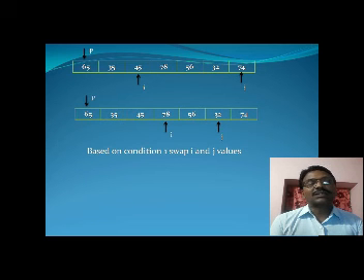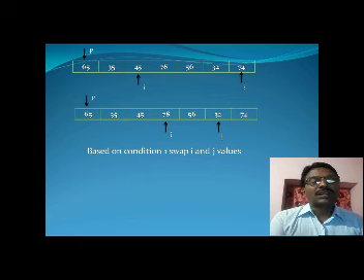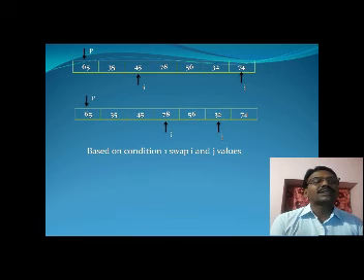Based on that, swap the I and j values. It means the I position stores 32 and the j position stores 78. After that swapping, the array values are 65, 35, 45, 32, 56, 78 and 74.